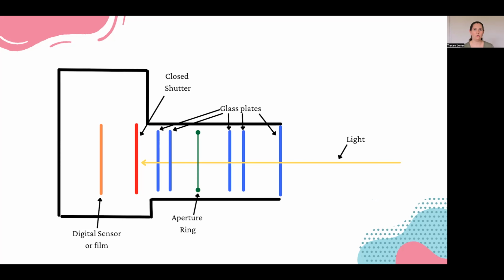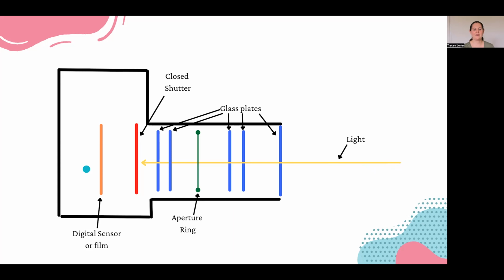This is a hole inside the camera lens which can open and close to allow light to pass through it. And it can be very small or it can be very big to change the amount of light that will pass through it. Again, we'll go into this in more detail in a later lesson.